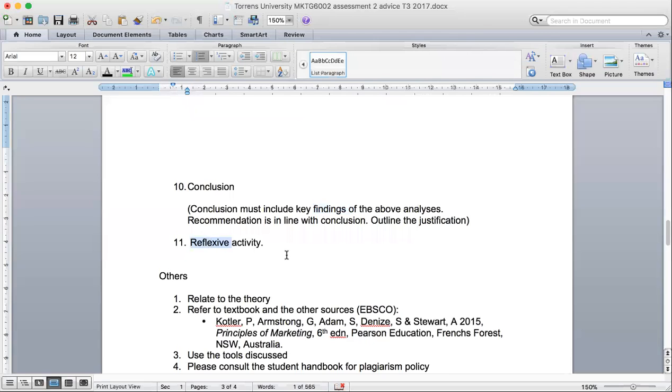And the next one is reflexive activity, which is basically reflecting your journey, right? It is kind of reflection about this organization, about the process, okay, about your marketing plan process, for instance, collecting data and so on and so forth, right? So what else can you do differently? What could have been done differently in terms for this organization, for instance, okay? So that's basically the main ones.